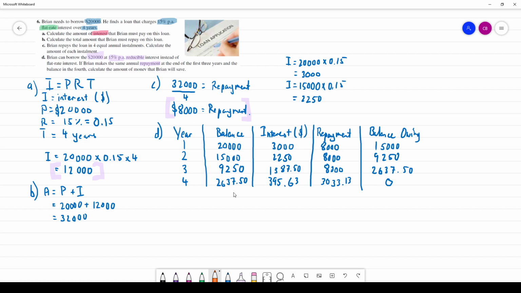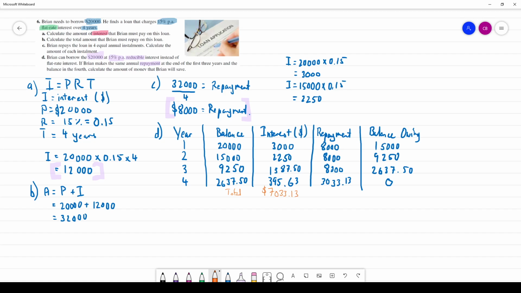If we worked out the total interest, that would be $7,033.13. When we did the simple interest, we saw our interest was $12,000. So if we compared 12,000 and 7,033.13, we could see how much money Brian saved.